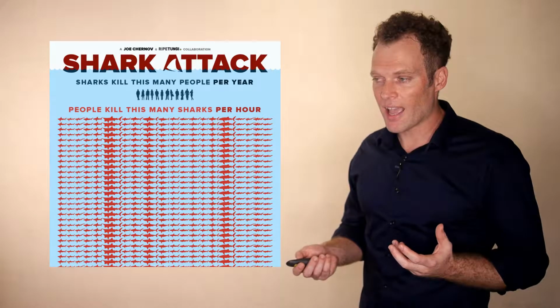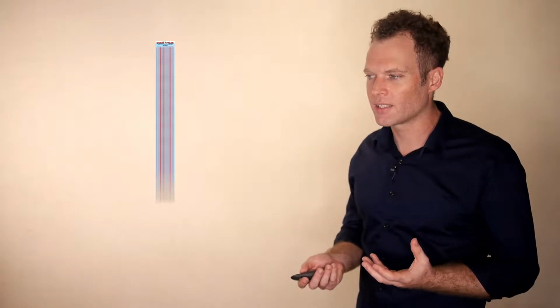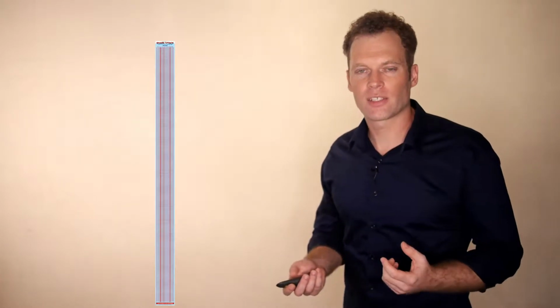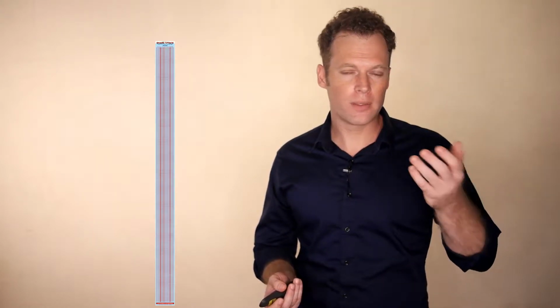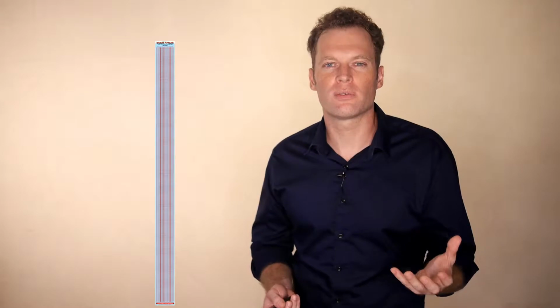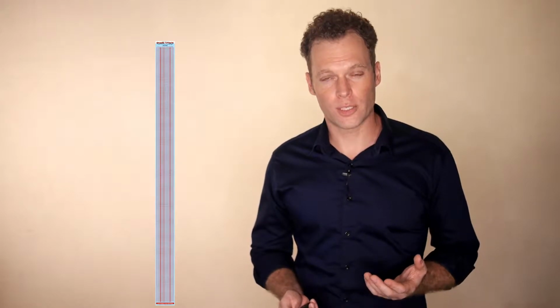And it really creates an intuitive sense of that scale because this infographic is gargantuan. And so by presenting the statistical information that way, even people who don't have an intuitive sense of what 10,000 means can start to appreciate the scale of this problem.